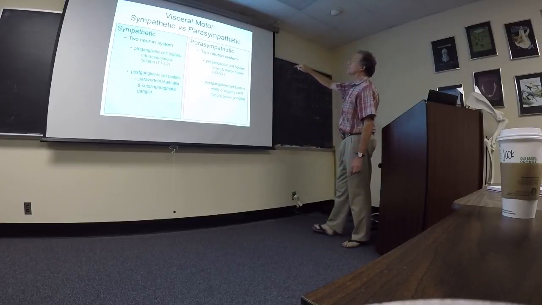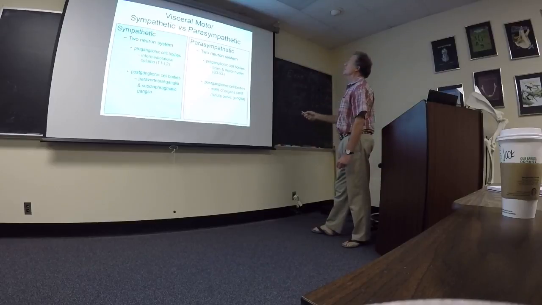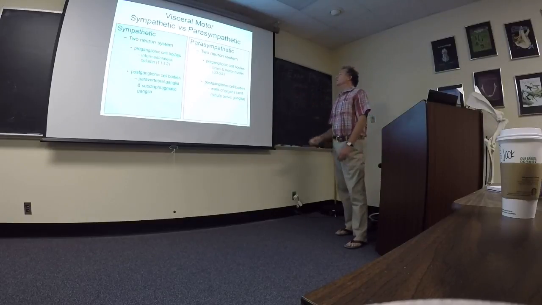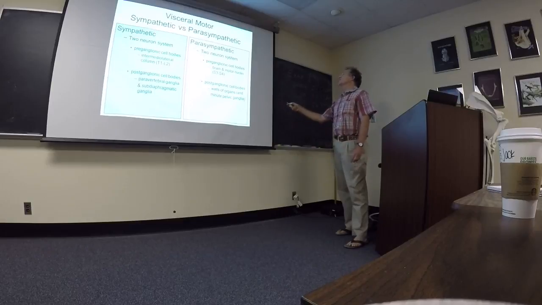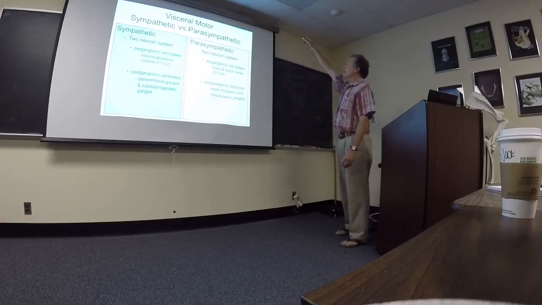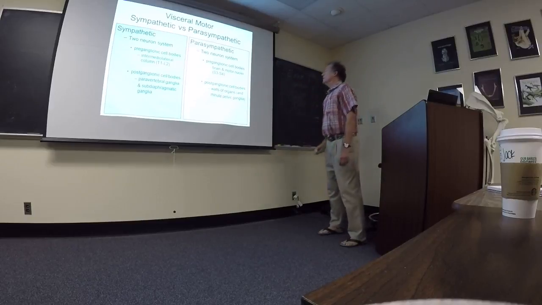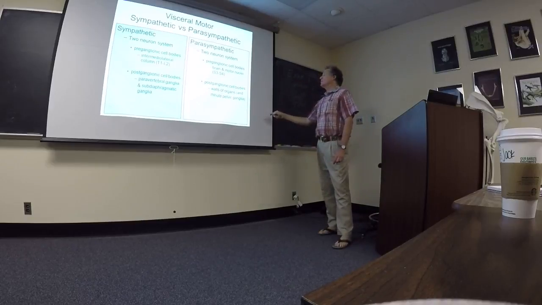Parasympathetics, again, we talked about this in the thorax. The preganglionic cell bodies are in two places. Many of them are in the brain, and we'll spend much of the rest of the course talking about some of those. And then there's another source down here in the sacral region, S3, 4, or sometimes S2, 3, 4. The postganglionic cell bodies of these parasympathetics are in the walls of the organs, or down in the pelvic region, which we don't deal with.